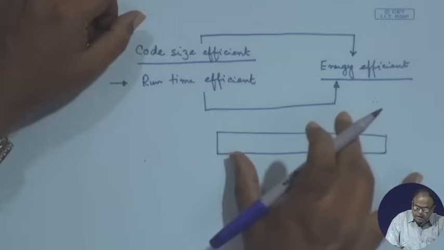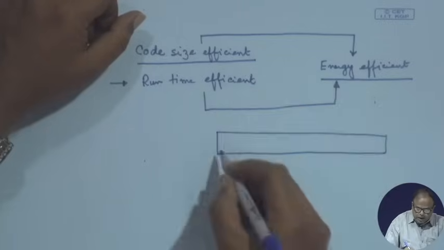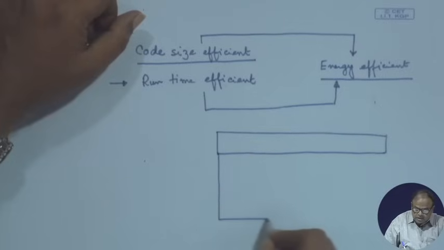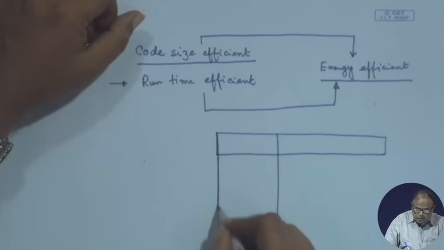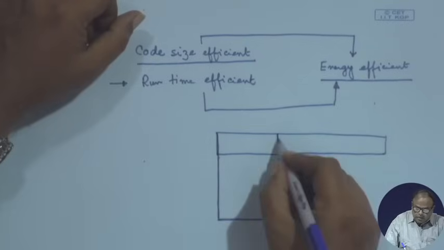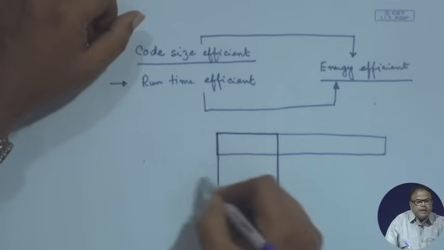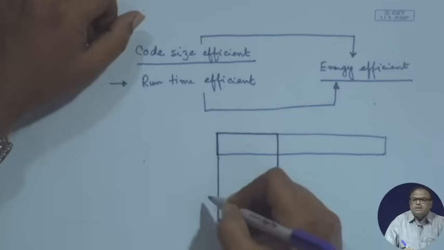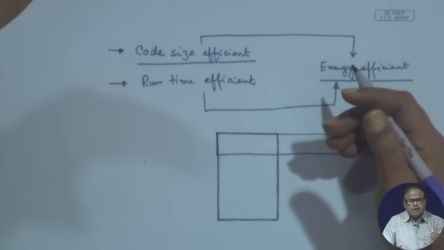So, if I can make it narrow, that is also advantageous. And if the size is less, the number of words in a program that will be accessed is less, and then we will need fewer memory accesses. Each memory access consumes power, because I have to float the address on the address bus, get the data on the data bus, all those things will come into play.